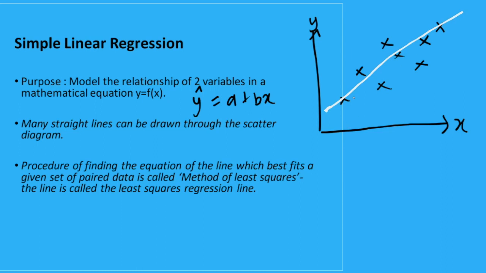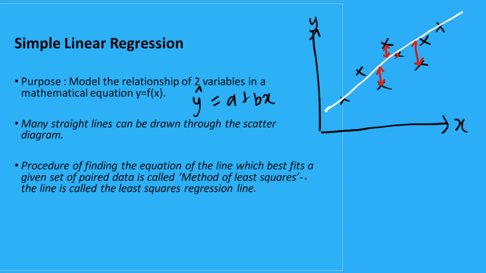The least squares method ensures that the distance from the simple linear regression line to your actual data is minimized. So this distance, the summation of all of the distances from the actual data to the regression line, is minimized.